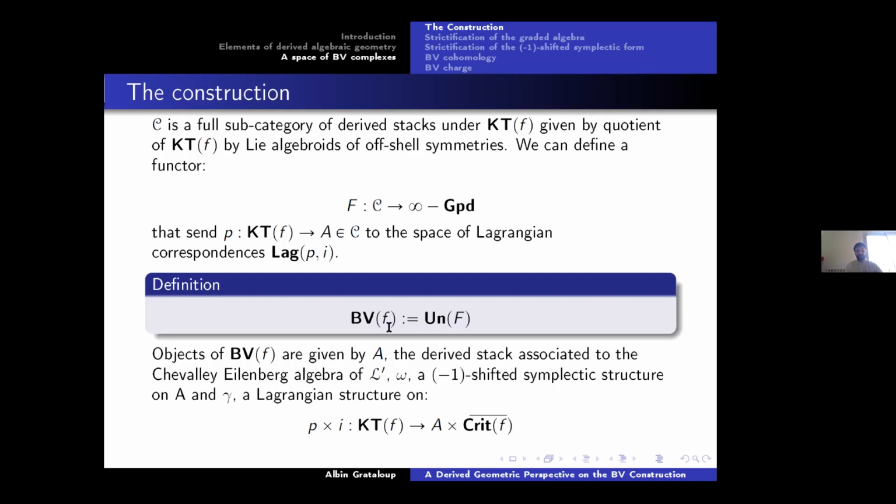Okay. So now I'm going to try to explain how to recover the BV complex from an object in there. I'm going to take an object in this BV and ask, does it actually look like what we want it to look like?